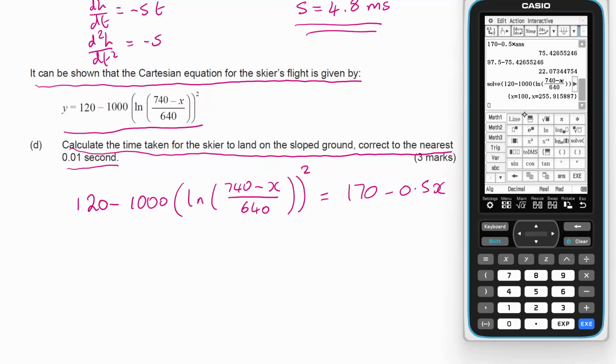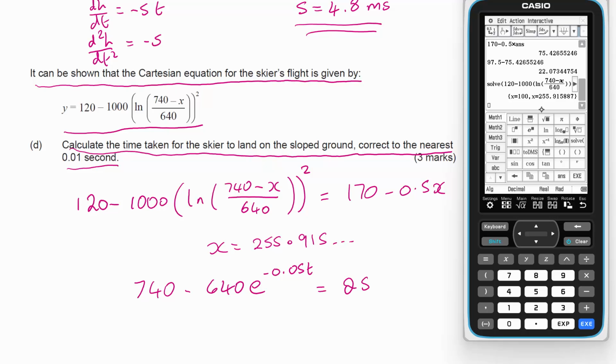Okay, so I've solved that on the CAS. I've got x equals 100, which is of course the takeoff point, and we've also got that x is equal to 255.915 and so on. Now, we know that x is 740 take away 640e to the negative 0.05t.